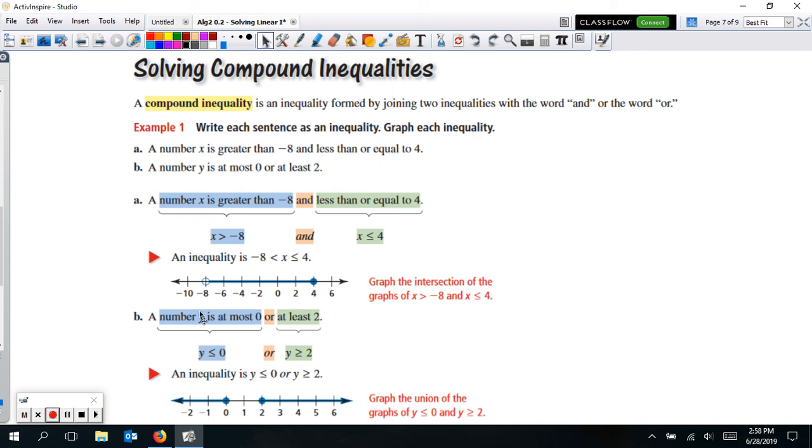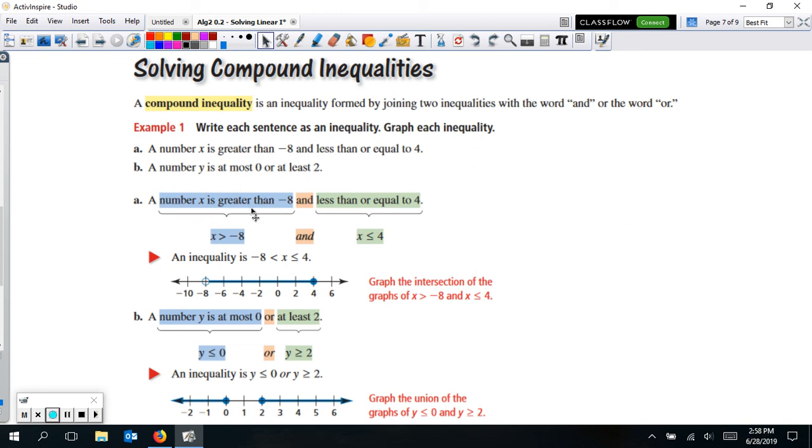So the first example here is showing us just how we can write a compound inequality as an inequality. Here it says a number x is greater than negative 8 and less than or equal to 4. So you want to figure out where the conjunction word, and or or, is. In this case, it's and.